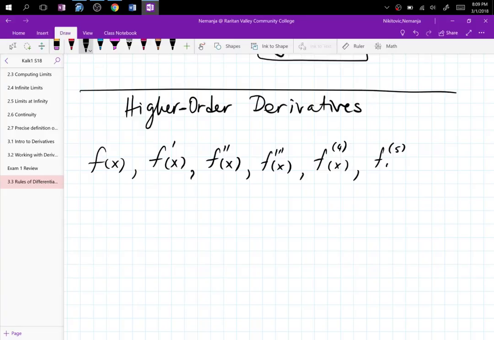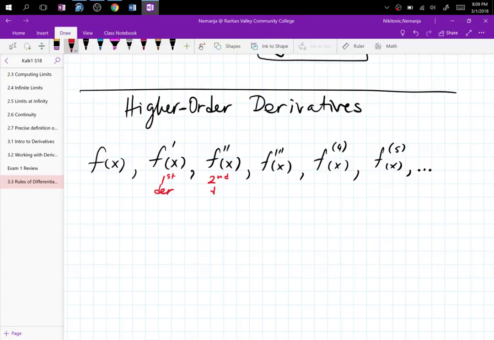So note the parentheses around the order of the derivative so it's not confused with exponents. All right, so this is the first derivative, second derivative, third derivative, fourth derivative, fifth derivative.